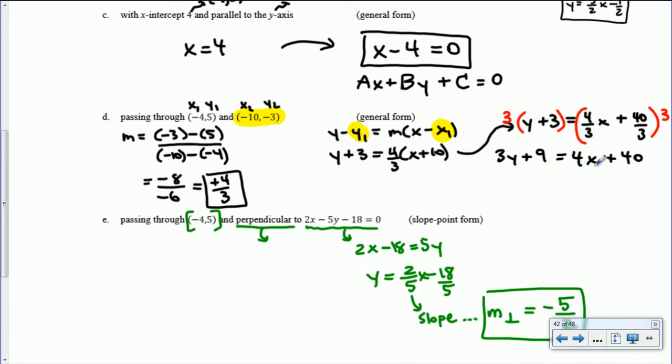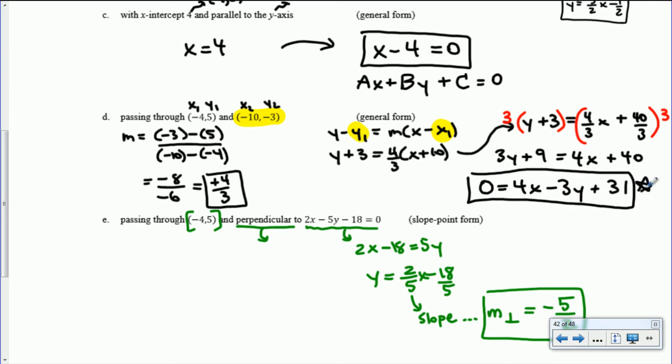And let's bring everything to the right because the coefficient on x is positive. So I bring this to the right, so it'll be 4x subtract 3y. And I bring this to the right, so it'll be 40 subtract 9, which is 31. Okay, so that's general form for this line.